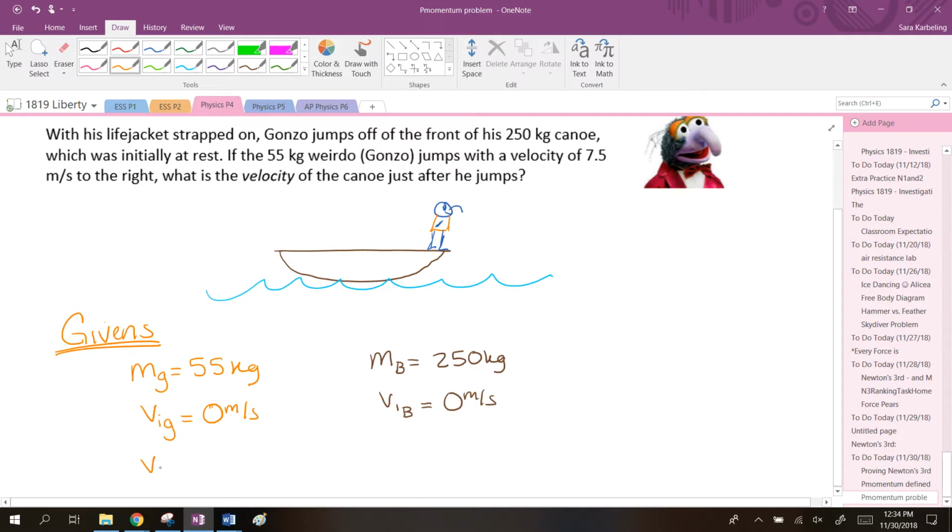What's Gonzo's final velocity? 7.5 meters per second. He's going to go this direction. The boat is going to go that direction. We want to know the final velocity of the boat.